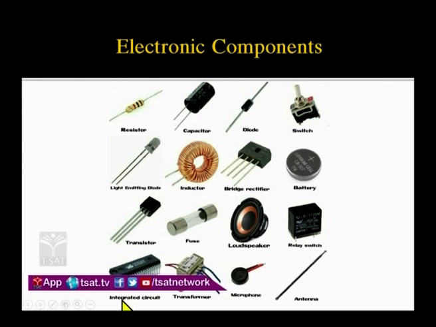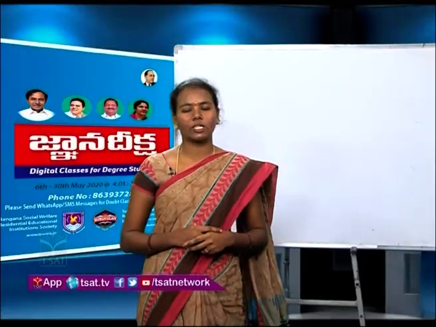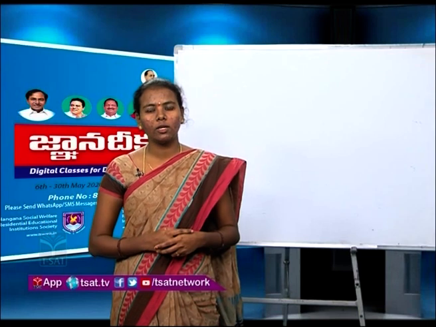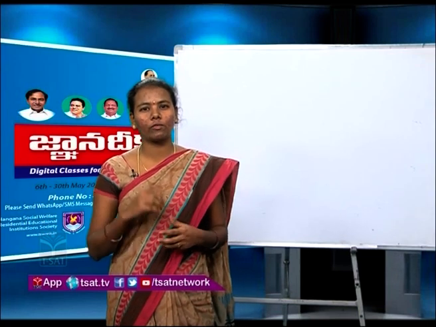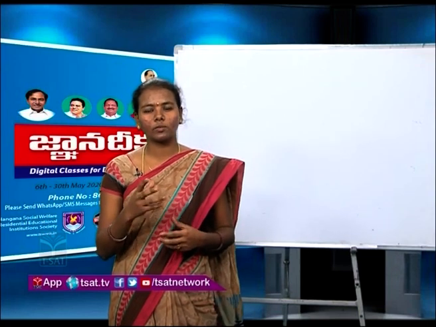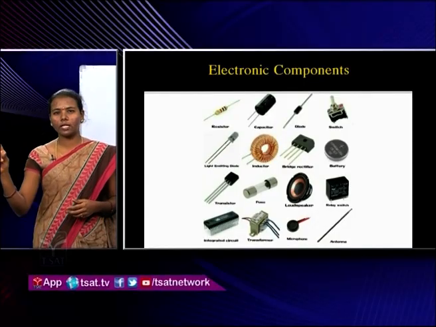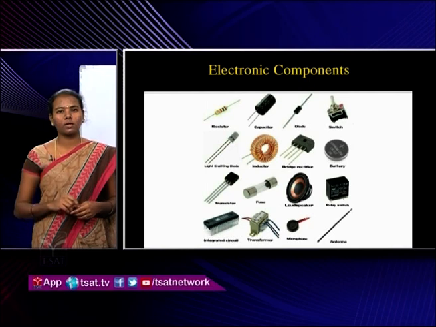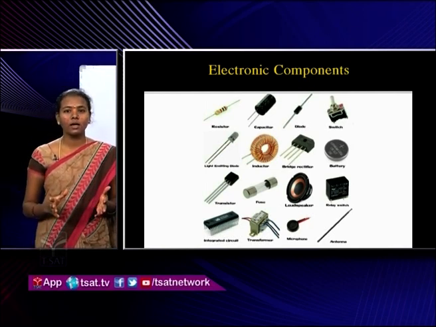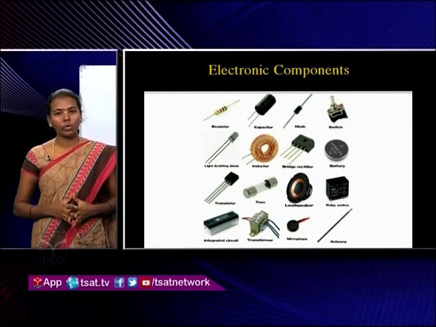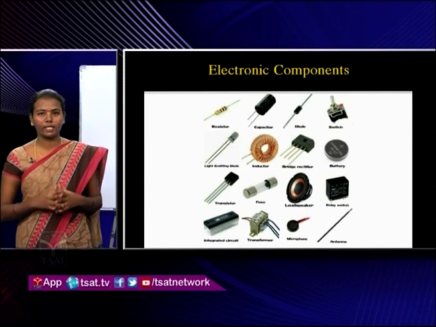If you see the specifications in your mobile phone, in settings, you go for specifications. There will be a CPU, it will be a quad core processor or octa core processor. Those processors are made up of semiconductors. So the electronic components are made up of semiconductors.